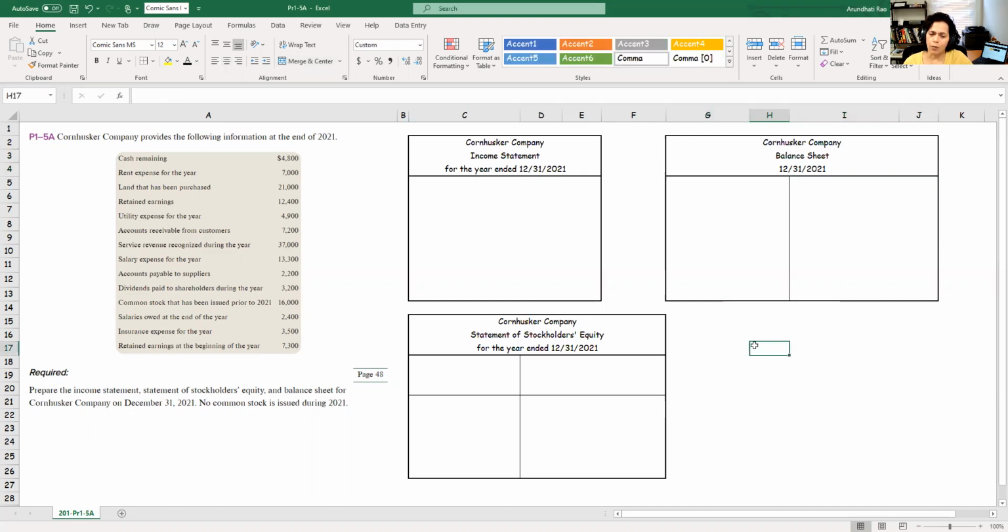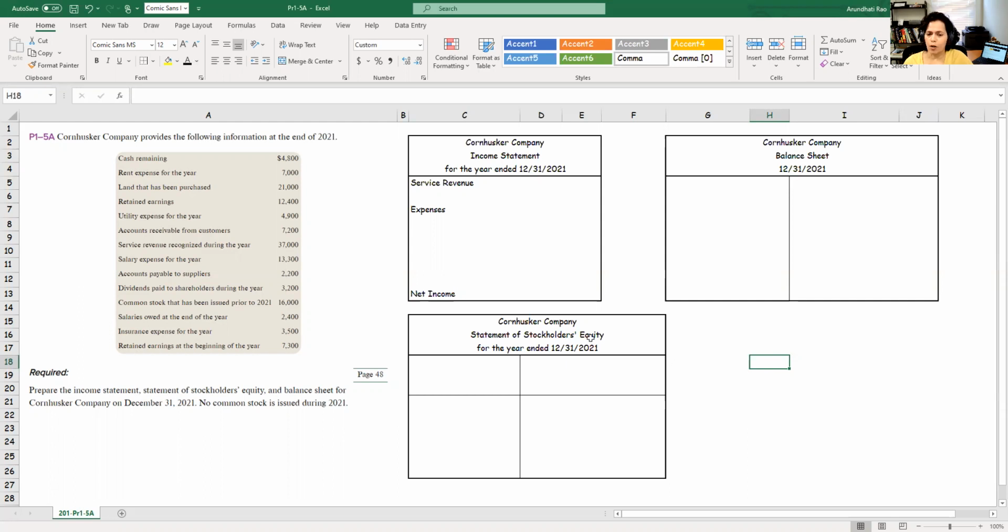So if you recap what we've gone through in chapter 1, the income statement is basically your revenues minus your expenses. You list all your expenses. The difference between those two will give you your net income. So I'll list all my revenues. I'll list all my expenses. The difference between those two is my net income.